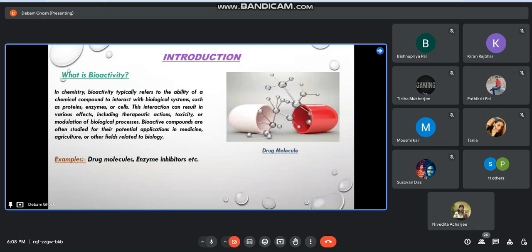First of all, the introduction. The topic of our project is all about bioactivity, so we have to know what bioactivity is. In chemistry, bioactivity typically refers to the ability of a chemical compound to interact with biological systems such as proteins, enzymes, or cells. These interactions can result in various effects, including therapeutic actions, toxicity, or modulation of biological processes.